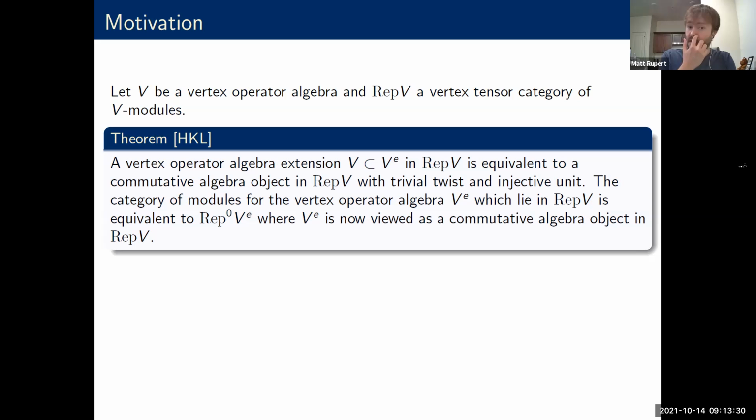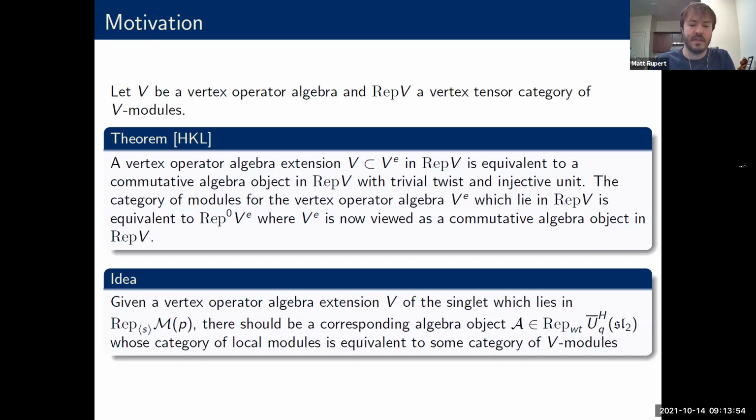And further, the category of modules for this vertex operator algebra which lie in Rep V is equivalent to the category of local modules for this VOA, but now viewed as a commutative algebra object. So this was the second reason I mentioned before for caring about this category.